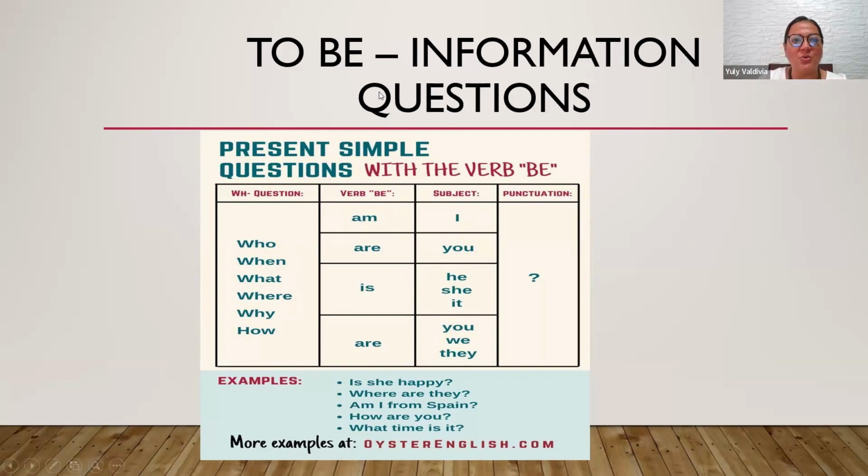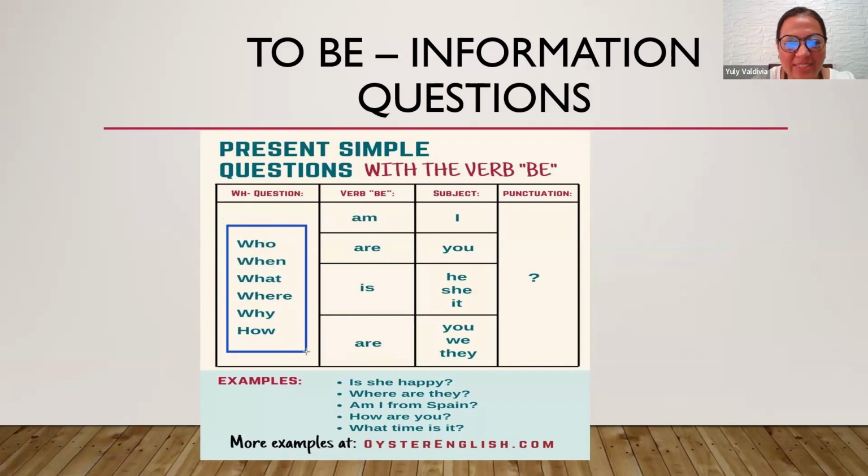Information questions are the ones that we use using the WH words, like who, when, what, where, why, and how.